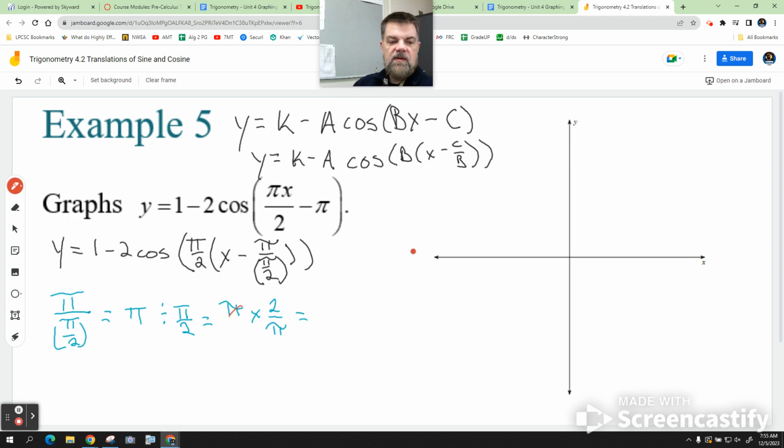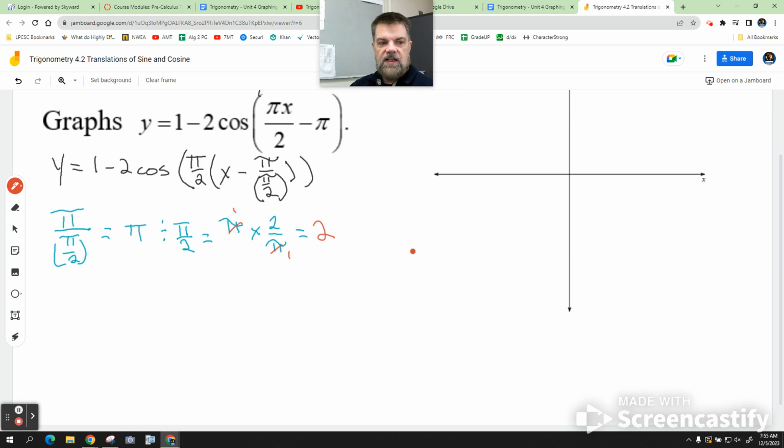Because pi divided by pi is just 1, and 1 times 2 is just 2. So I have to rewrite this whole thing again. I say y equals 1 minus 2 cosine of pi over 2 times x minus 2.